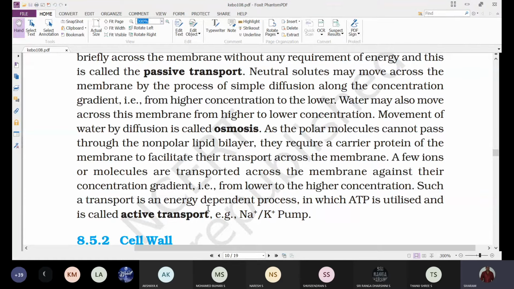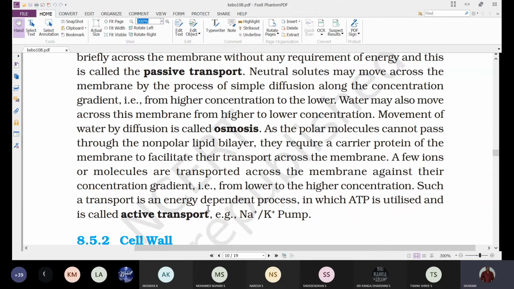That means they transport molecules from one side of the membrane to the other, and those proteins we call carrier proteins. As polar molecules cannot pass through the non-polar lipid layer, they require a carrier protein of the membrane to facilitate their transport across the membrane.